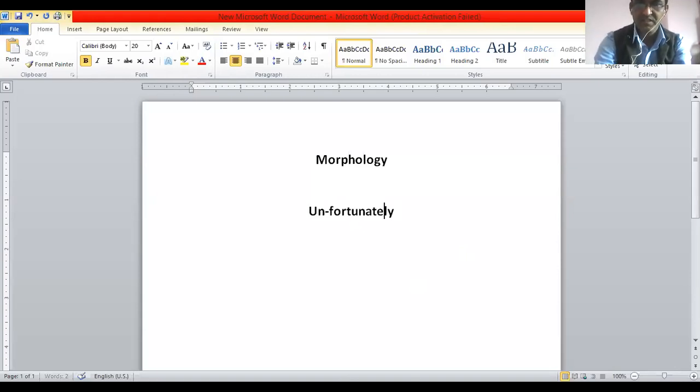If we see, we can add hyphens where the morphemes are. If we have to analyze this word or these so-called morphemes, we have un as prefix.